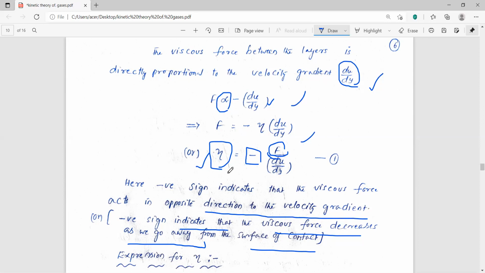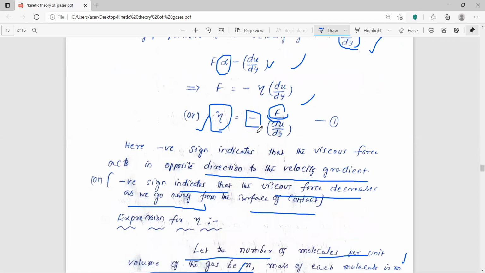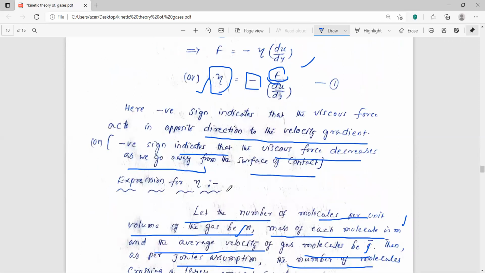This eta is called the coefficient of viscosity. The minus sign indicates that this viscous force acts opposite to the direction of the velocity gradient. Now, how can one find the expression for eta? You have to find the viscous force and substitute that value here, then you can get the expression for eta.